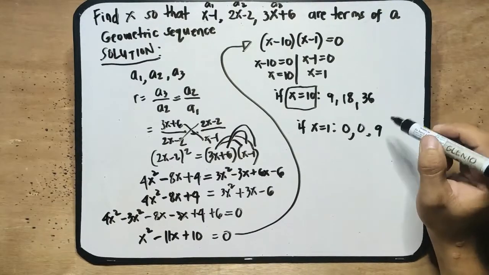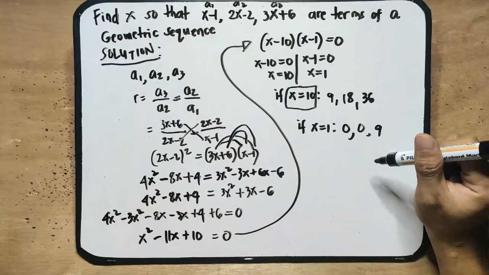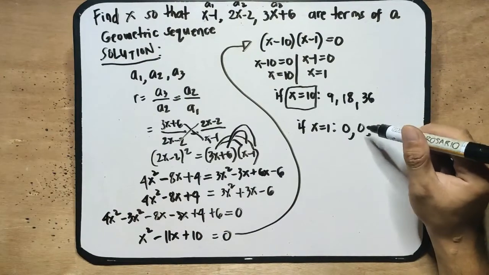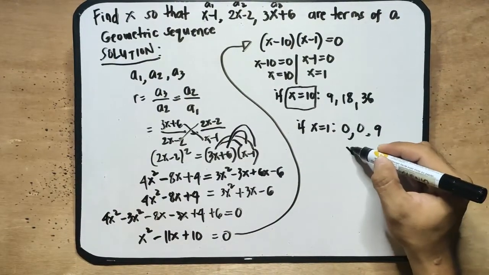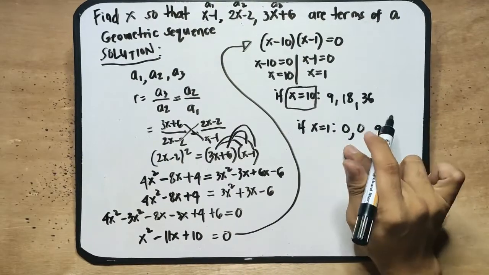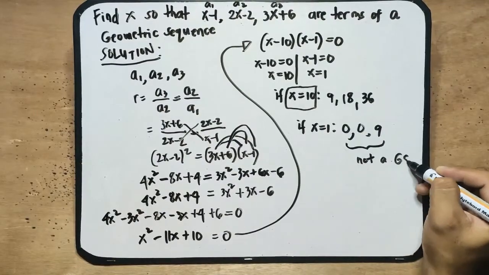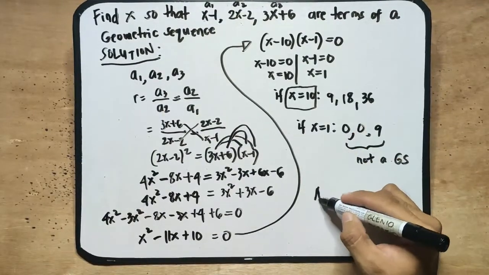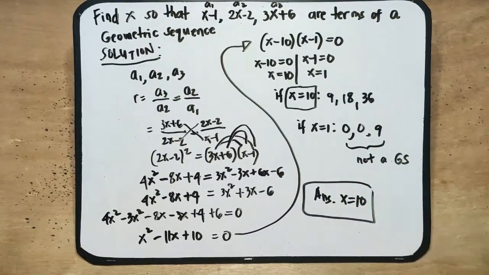So, since kapag sinubukan natin kunin yung kanyang common ratio, it will give us undefined as a result. 9 divided by 0 is undefined, therefore hindi ito geometric sequence. So ibig sabihin hindi to kabilang. Ang sagot lang natin dito ay x is equal to 10. Understood?